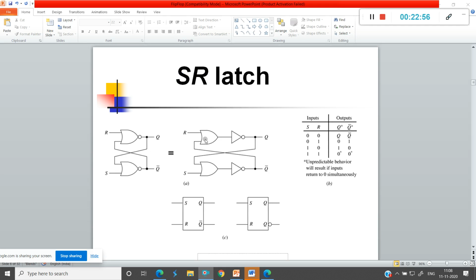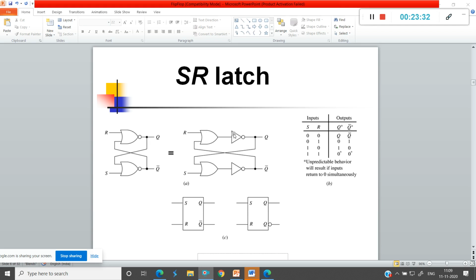Now, what do you mean by this SR latch? Set-reset latch. You can see here how it is connected: R and S, two NOR gates are connected. A NOR gate can also be written as an OR gate followed by a NOT gate. The R input is given to the upper OR gate, and the S input is given to the lower OR gate.